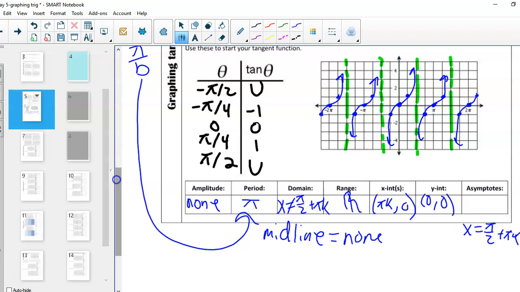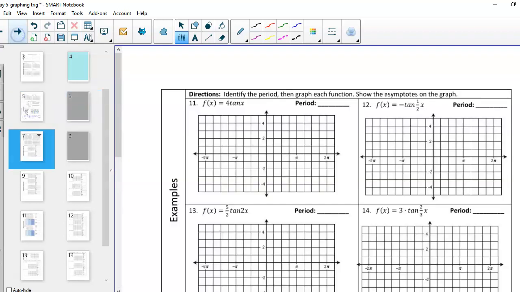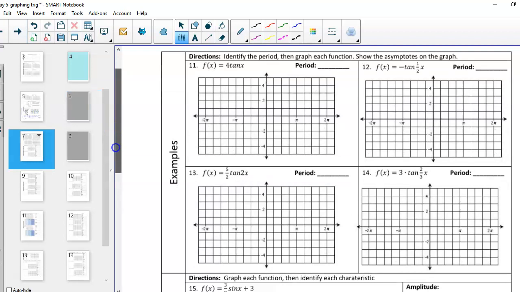Questions on any of the characteristics? So to practice tangent, I'm going to do 2 of these with you, and then I'll let you do the other 2. Let's do 13 and 14.